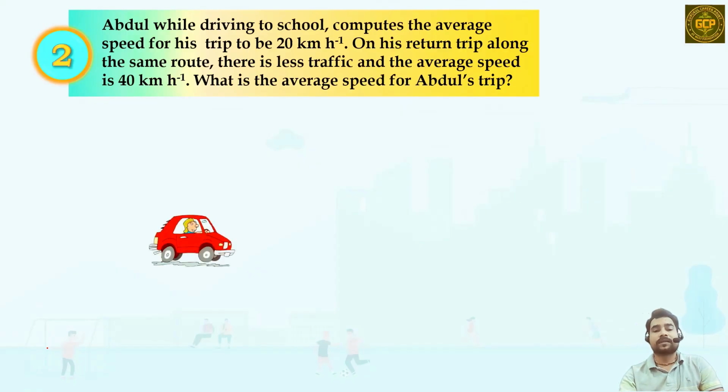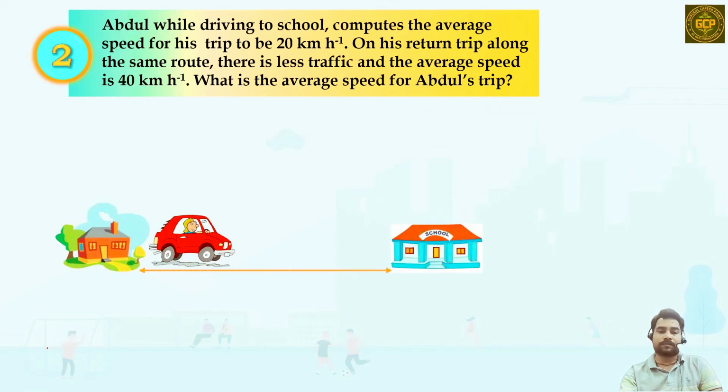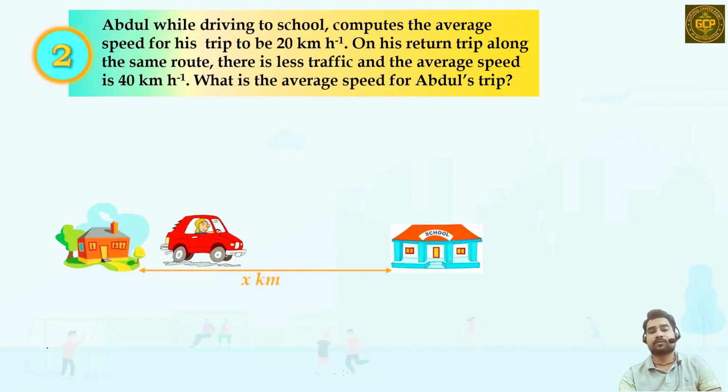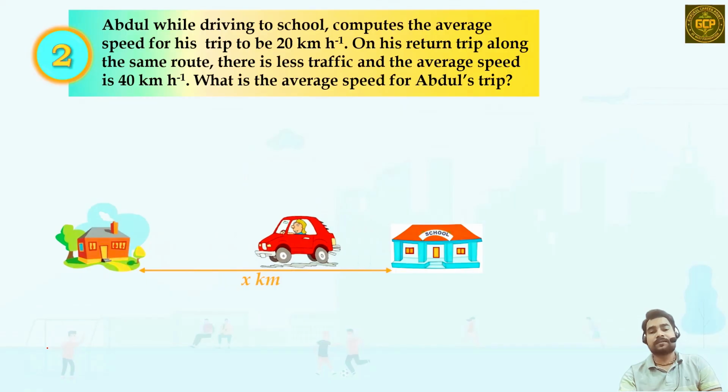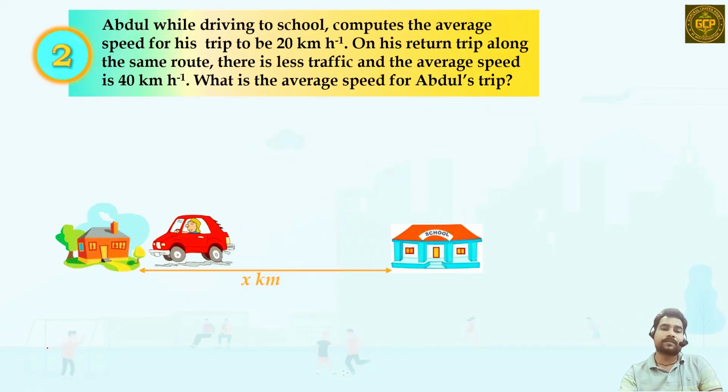Okay. So let's say Abdul starts from his home to his school. And the distance between them, I am supposing, is x kilometer. And he covers this journey with an average speed of 20 km per hour. And while returning, due to less traffic, he covers it with an average speed of 40 kilometer per hour.